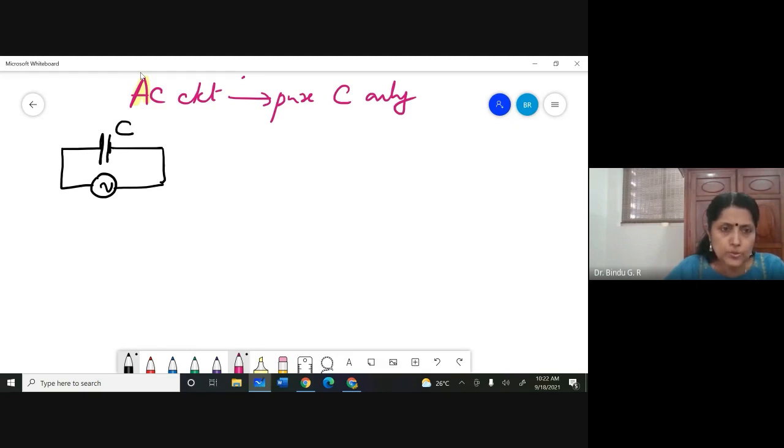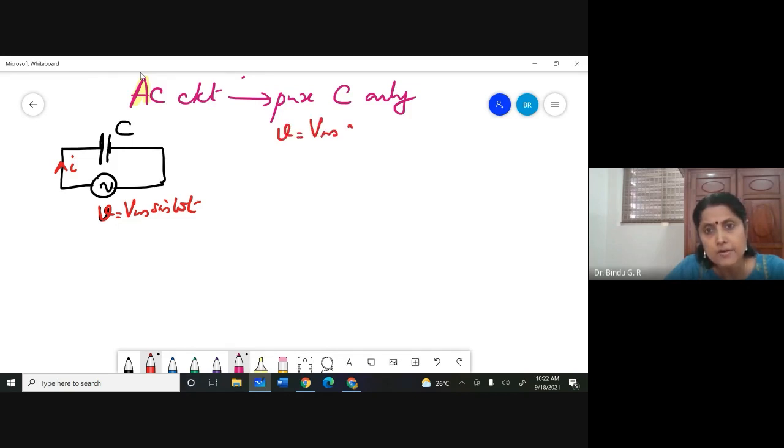Okay, so V is equal to, again as before, Vm sine omega t, and I will be finding out the equation for I and checking whether there is a phase difference at all. How will I proceed? In the previous case, V was written in terms of L di by dt.